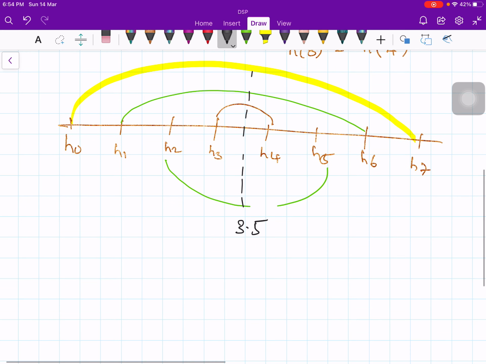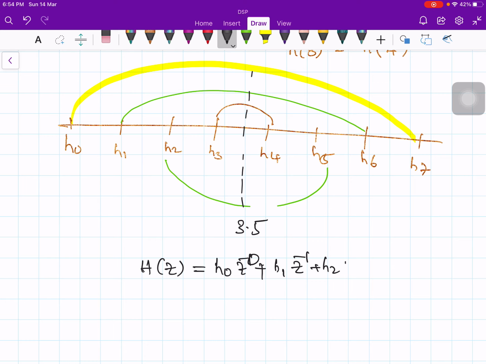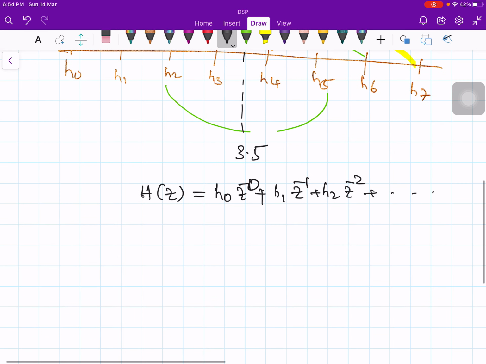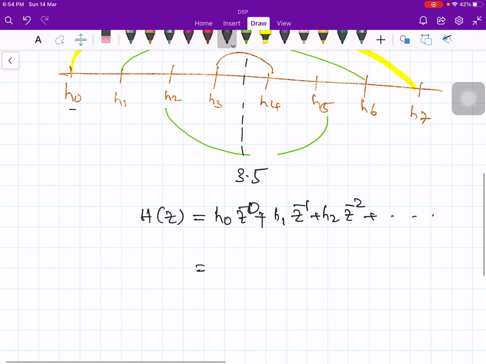Now you can find the transfer function by taking the z transform of the impulse response h0, h1, h2, h3. So h0 times z to the 0, plus h1 z inverse, plus h2 z to the minus 2, and so on. And then replace the corresponding terms, like h0 with h7, h1 with h6, h2 with h5, h3 with h4.